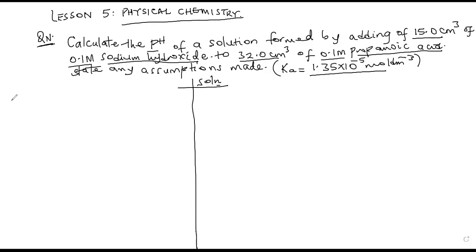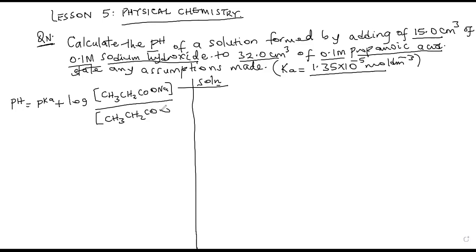We need to work knowing that pH is equal to pKa plus logarithm base 10 of the salt, and our salt would be sodium propanoate, so CH3CH2COONa, over the concentration of the acid, which is propanoic acid, so CH3CH2COOH, that is propanoic acid.